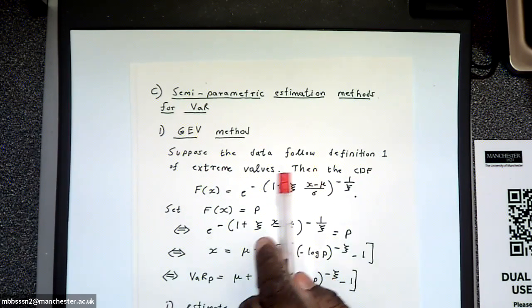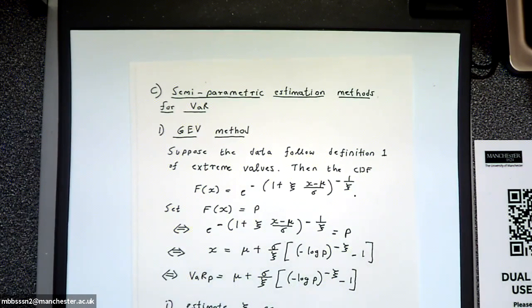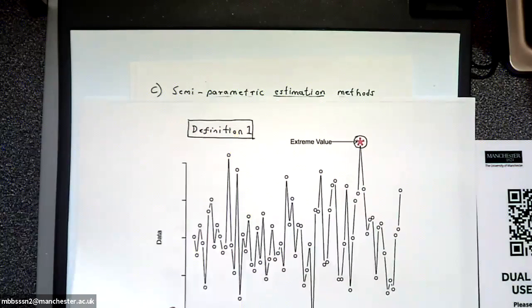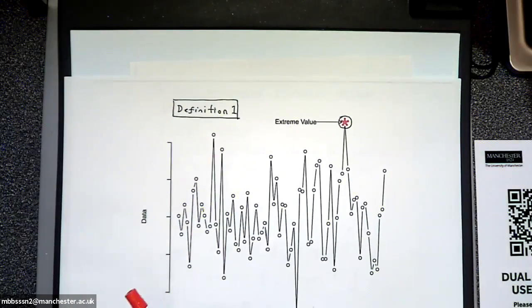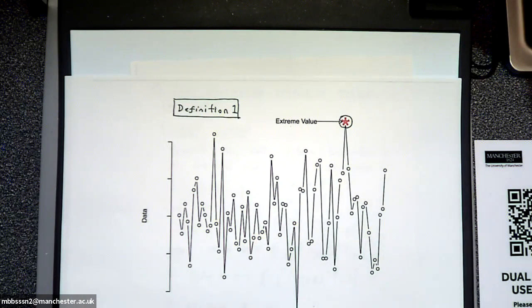Suppose the data follow definition 1 of extreme values. You remember this picture from a long time ago. Suppose you have, say, 20 years of data, say stock return data.